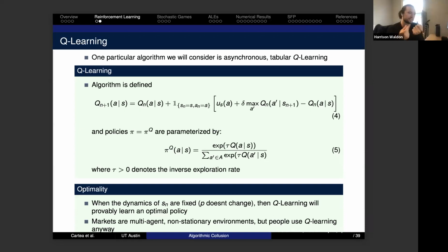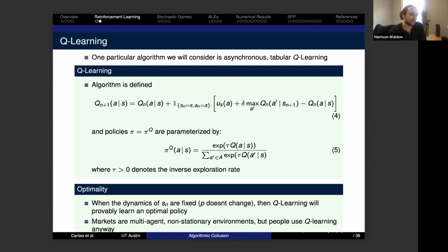This is compared with synchronous Q-learning, which updates the Q values at every Q value in each step. Actually, this synchronicity and asynchronicity is pretty important in determining collusion, and some authors have studied synchronous Q-learning, which actually is more amenable to learning competitive outcomes than collusive outcomes.